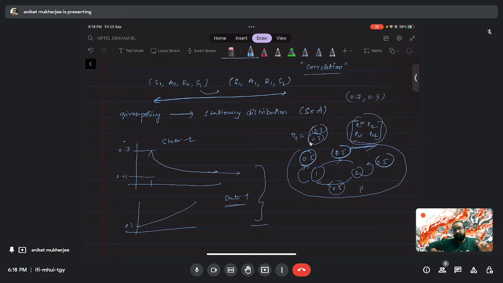No, it's not confusing. If it so happens that we converge to a high probability of staying in one state, then it's fine. But generally speaking, the steady state distribution need not necessarily converge to very high probabilities. It could be uniformly distributed as well. Yes, you're right.